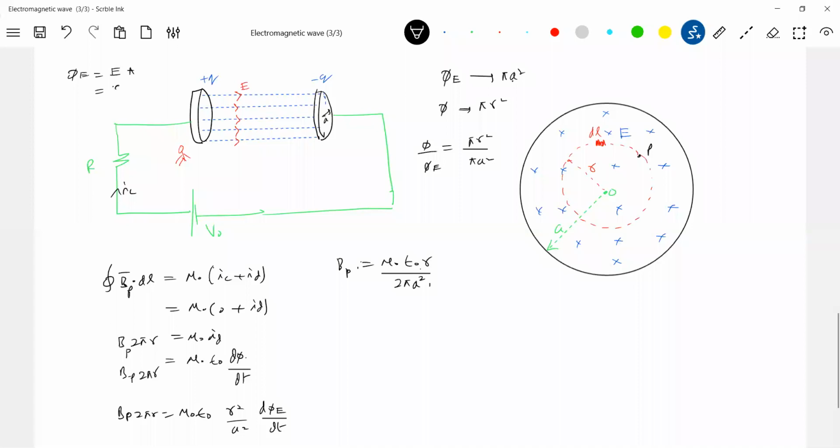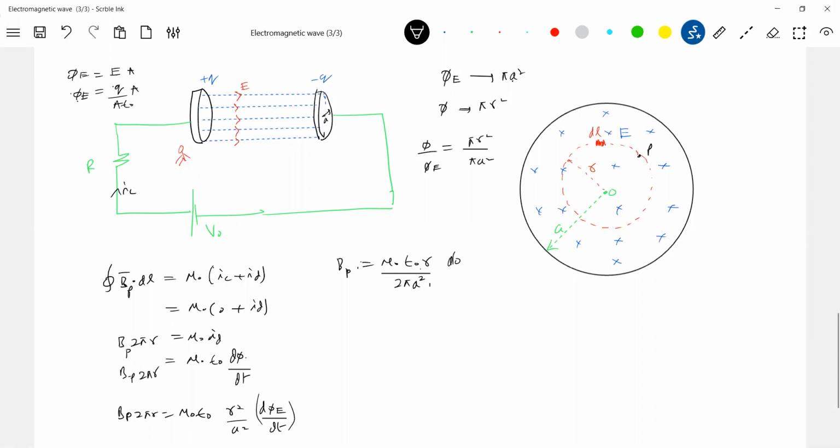E is what? Q by A epsilon naught into A. A gets cancelled, so Q by epsilon naught will come. So this d phi E by dt, what shall I replace here?